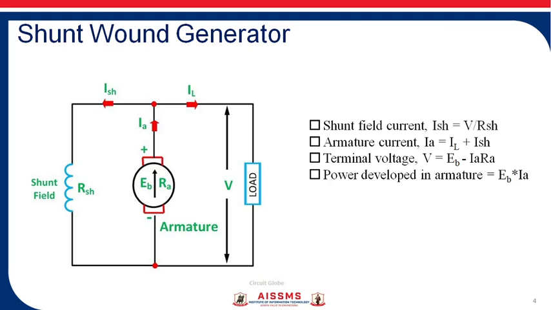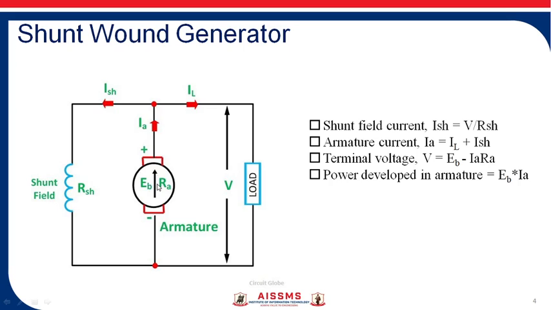But at the initial condition, how does this work? At the initial condition, some residual magnetism is present in the field winding, and due to this residual magnetism, when the armature moves in that magnetism, the armature conductors cut the magnetic lines of flux and EMF gets induced in the armature.